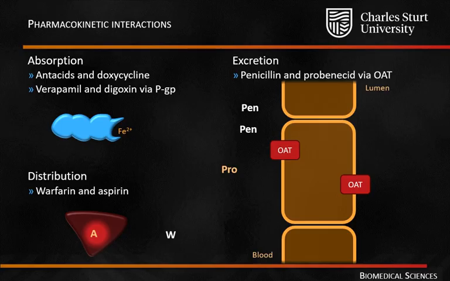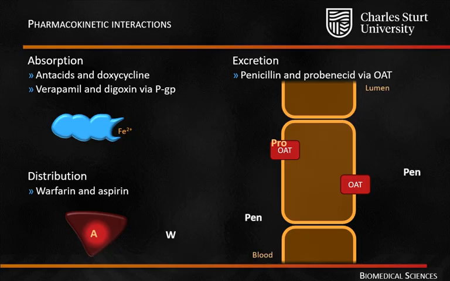The last one on the list here is pharmacokinetic interactions that affect excretion, so the physical removal of the drug from the body. The example here is penicillin using the organic anion transporters, which move it out into the lumen where it gets passed in the urine. Now there is a drug called probenecid, which will block this activity, and the penicillin will stay in the blood.